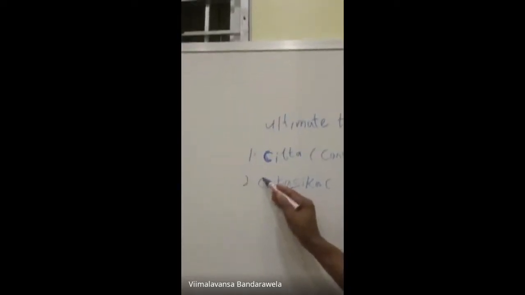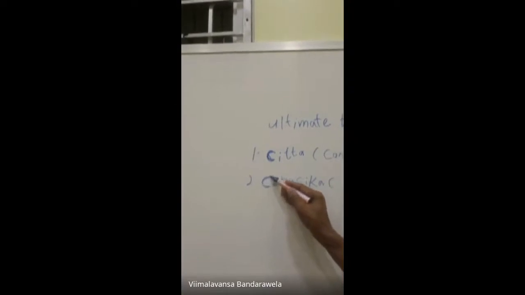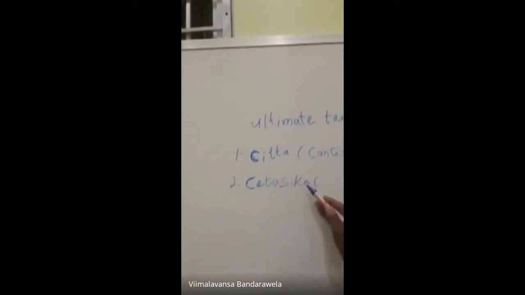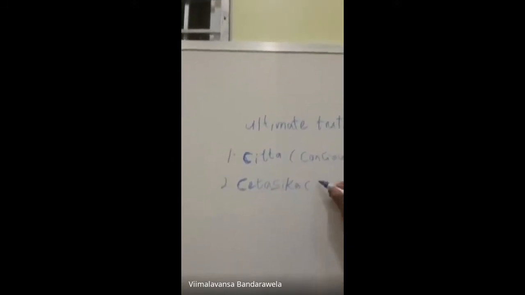See, this C is pronounced Cha. Cetasika means mental factors.